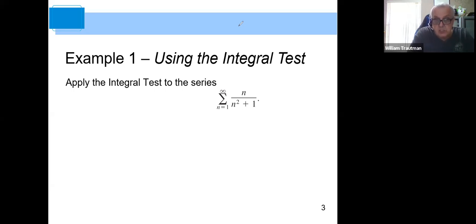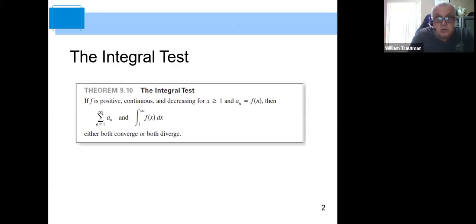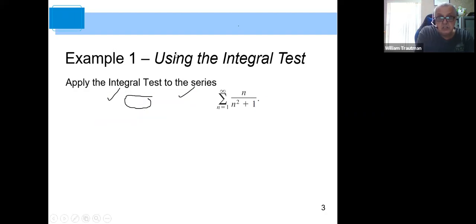So if we go back once, the function is positive, it's continuous, and I'm going to show you that in a second, and it is decreasing. Decreasing is what the derivative showed us. So now, is it continuous? Can there be anything down here that turns this into 0? We can only use n from 1 to infinity, and no matter what number you put in there, it will not turn this into 0.